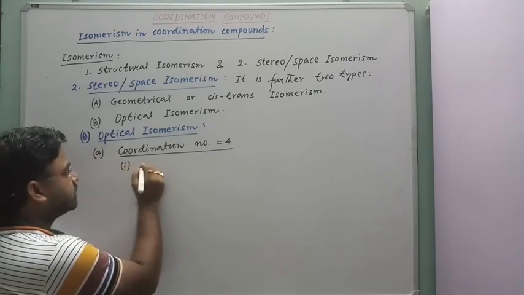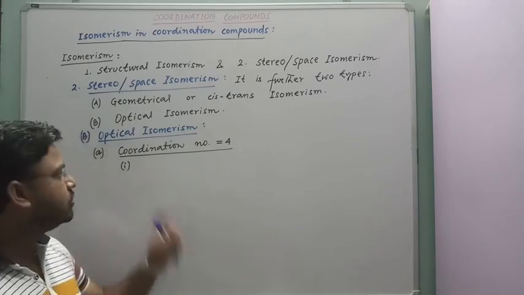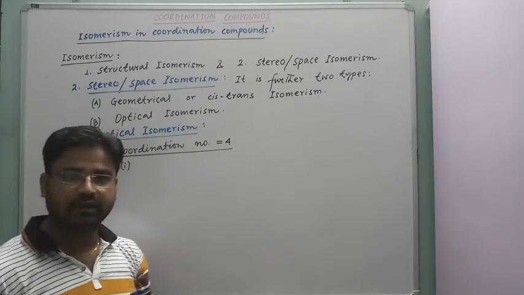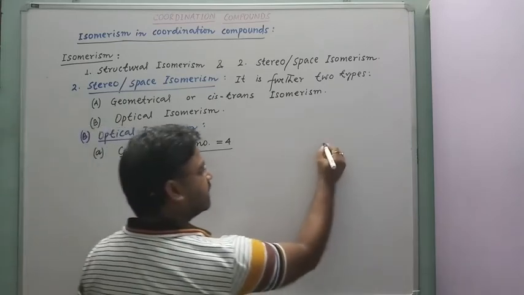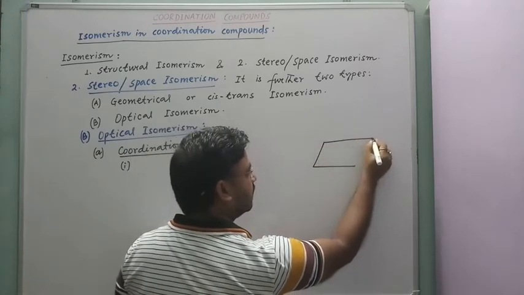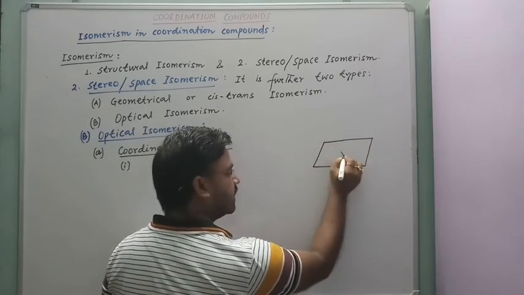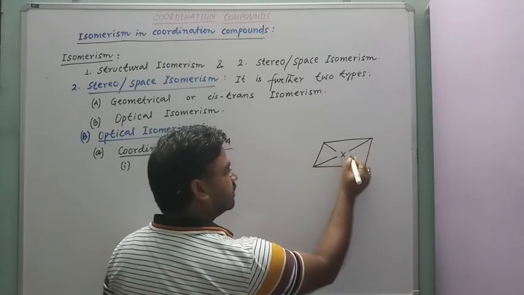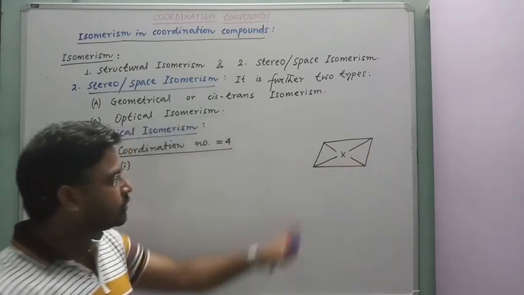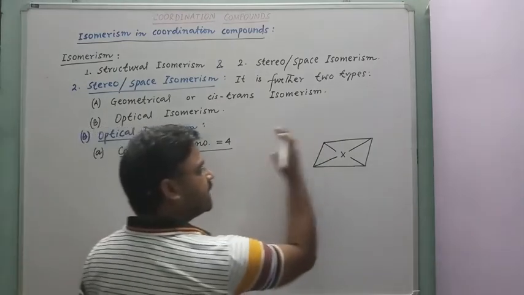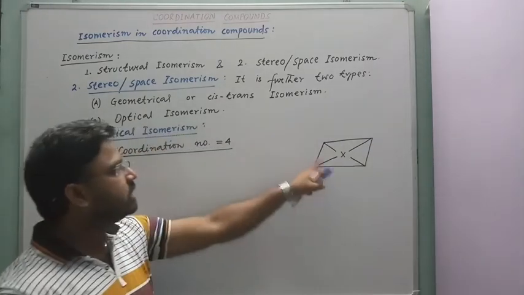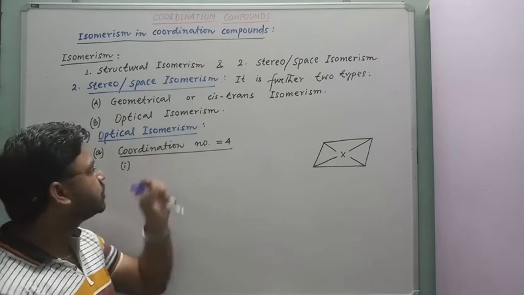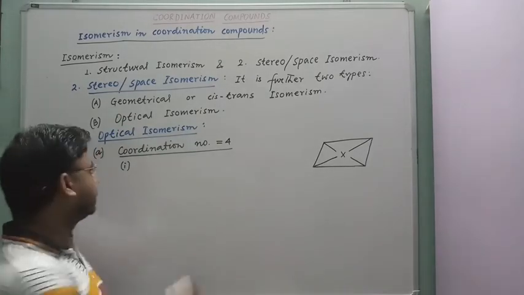The first, square planar complex, does not show optical activity. Say any central atom, X is the central atom, square planar complex. In square planar complex, it has a plane of symmetry. That's why square planar complex does not show optical isomerism.